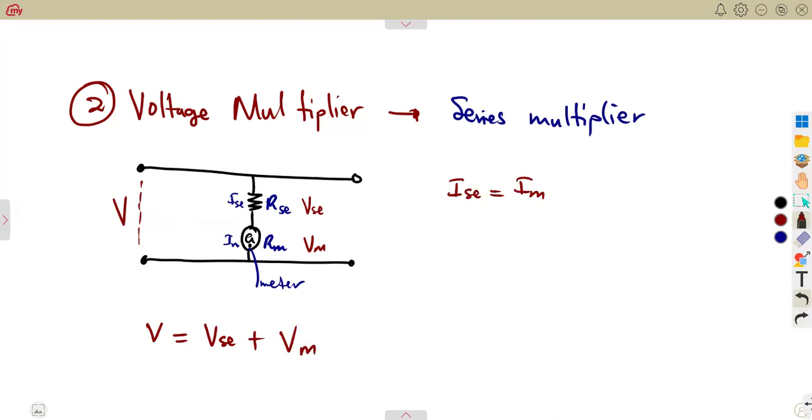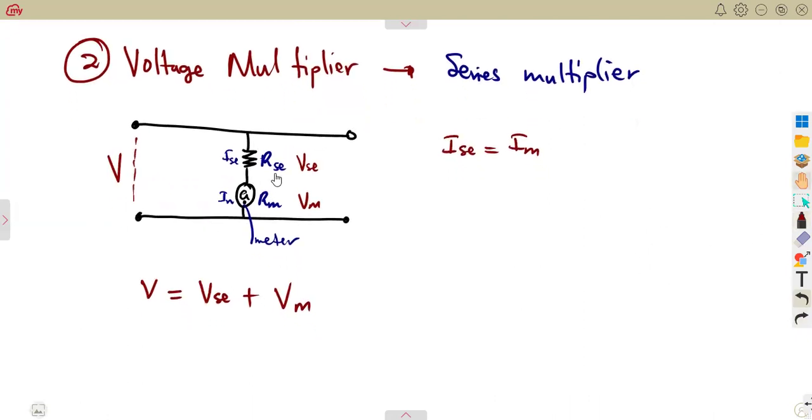But remember that, because at the end we need to calculate the series resistance, we say these two currents are the same. So instead of the voltage drop across the series resistor being the current across the series resistor times the resistance of the series, this is also equivalent to the meter current that you're given.